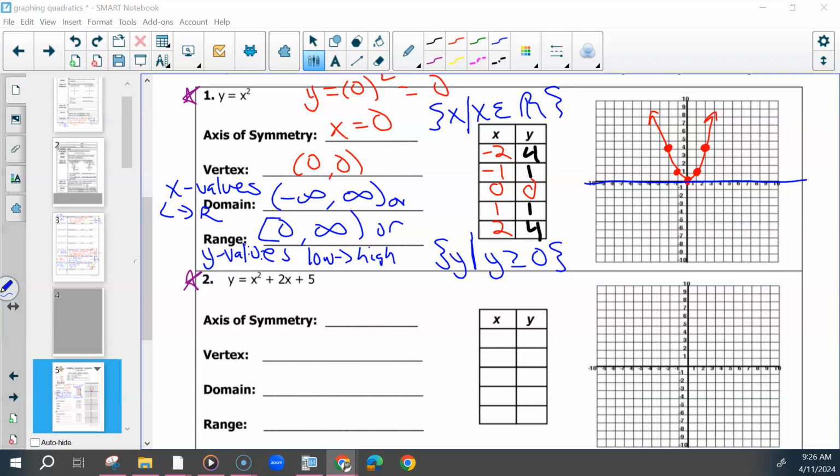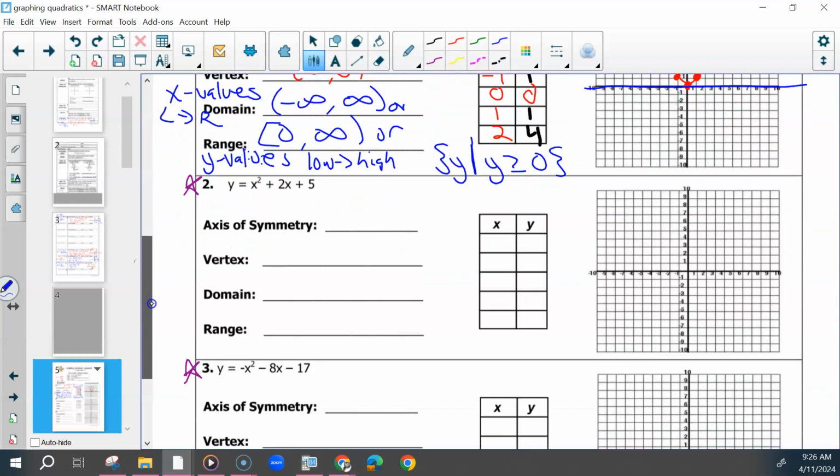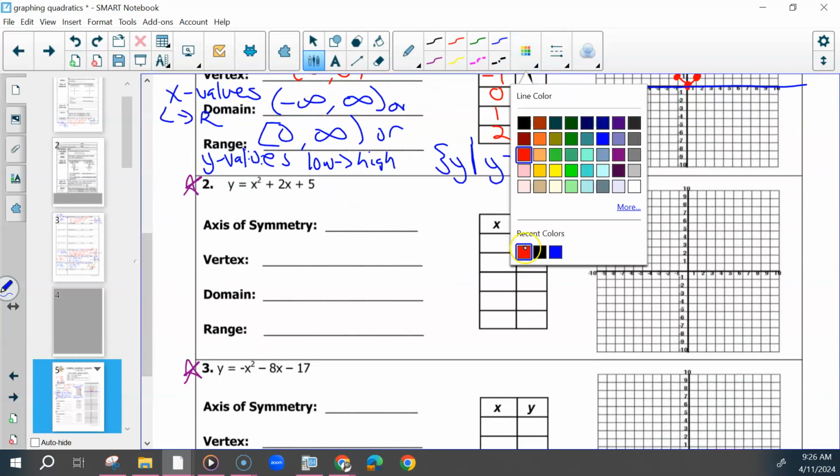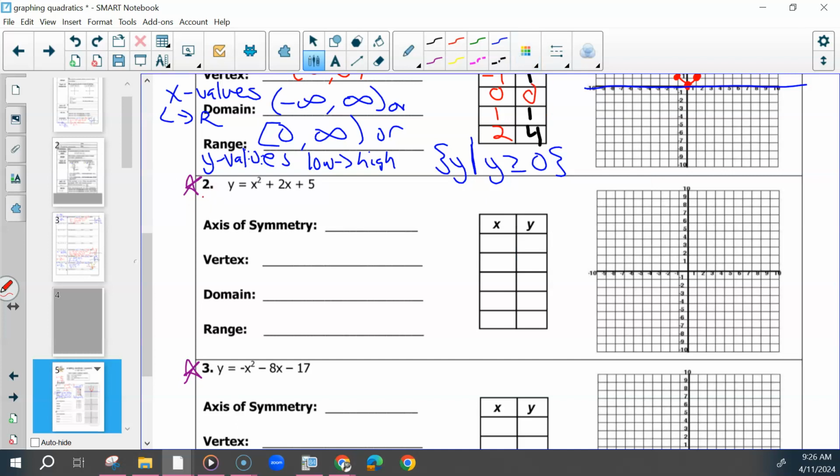Alright, let's try example 2. Same process. If I'm finding my axis of symmetry, how would I set that up?